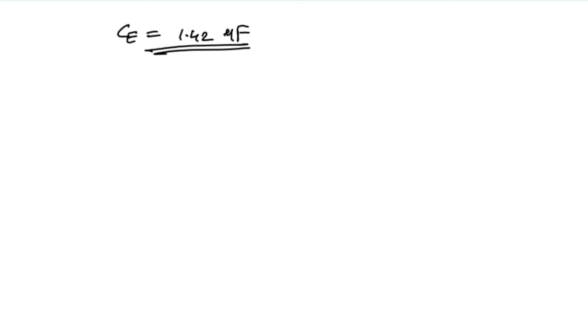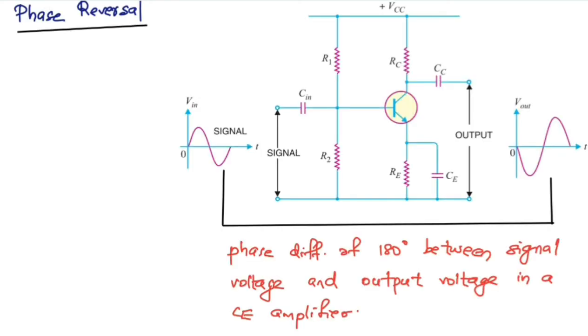Next we are moving to another property of single stage transistor amplifier, which is the phase reversal. You are familiar with three types of transistor configurations: common base, common emitter and common collector.